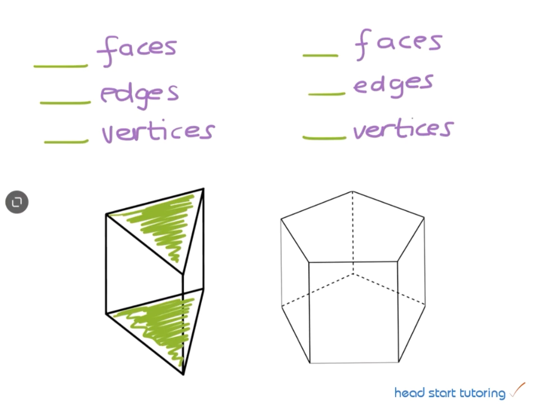So those there are your two triangular bases, and you will notice that the bases of your prism determine what the name of your prism is going to be. So because these two bases are triangular in shape, we will call this prism a triangular prism.